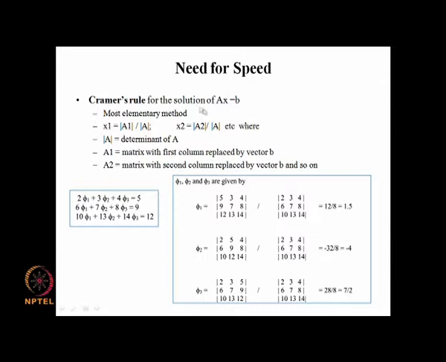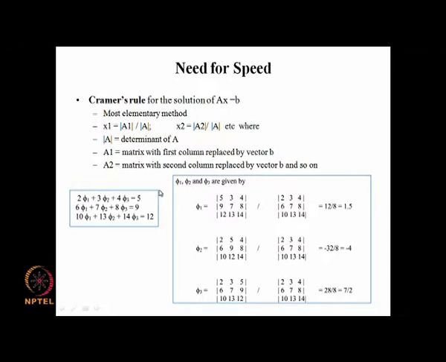If you take an equation like Ax equal to B, Cramer's rule says that the solution for x1 is obtained by determinant of A1 by determinant of A, and x2 is determinant of A2 by determinant of A, where determinant of A is the determinant of the whole matrix A, and A1 matrix is the matrix with the first column of the coefficient matrix A replaced by the vector B, and A2 is for the case where the second column of the coefficient matrix is replaced by vector B, like this.